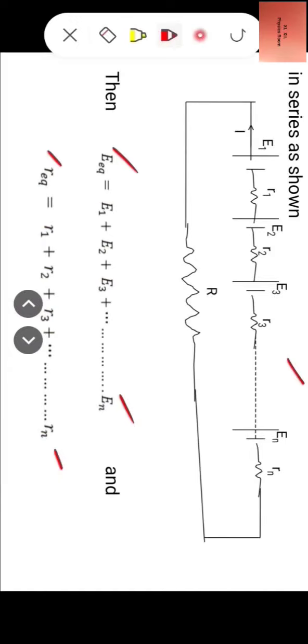Okay, the equivalent resistance adds up, and similarly the equivalent EMF also adds up when n cells are connected in series. The equivalent circuit can be drawn as shown in the diagram. Here is the cell which has EMF E equivalent, the EMF of the combination, and internal resistance R equivalent, which is the internal resistance of the combination.